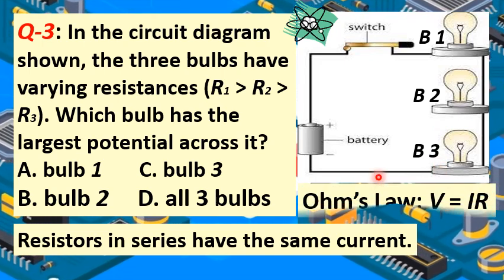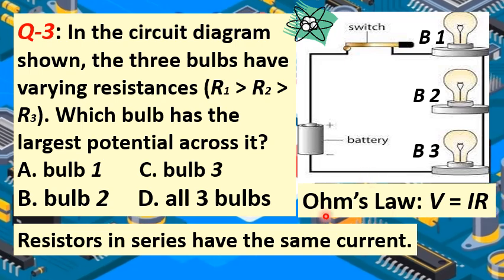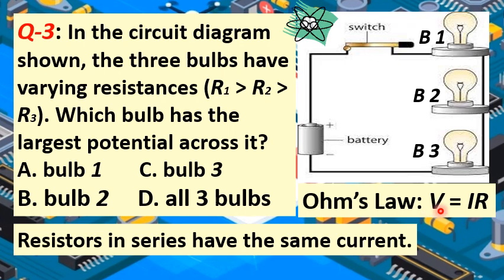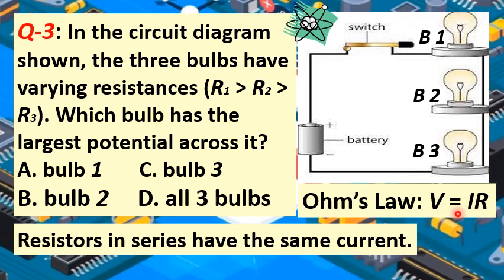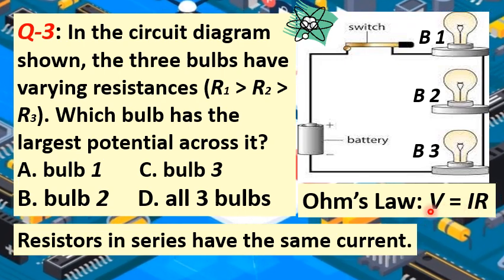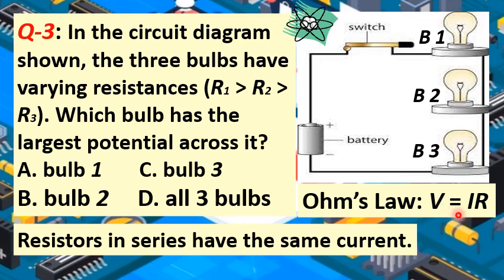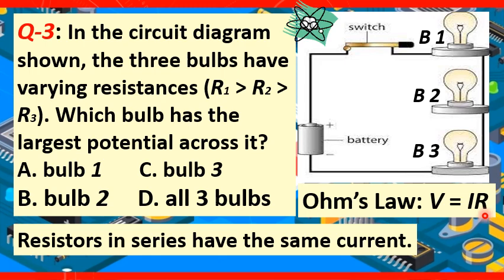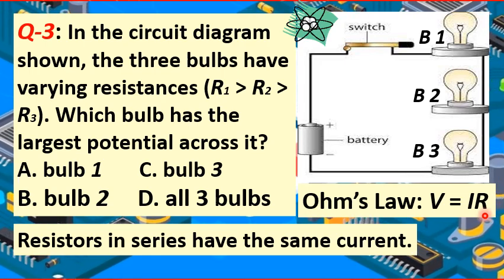Also, we have Ohm's law, which can be expressed in terms of this equation. The voltage is just equal to the product of the current and the resistance, right?